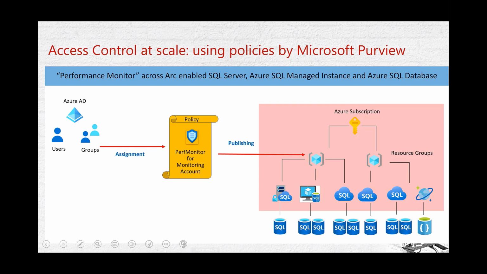I believe the most common scenario will be that you publish such a policy on a given resource group that contains multiple SQL Server instances, managed instance, SQL Server on Arc, and of course Azure SQL Database, and then any of the databases below that scope. In theory, you can also apply these policies on individual databases, but this feature is more optimized for granting permissions at scale, rather than having hundreds of policies for individual databases.